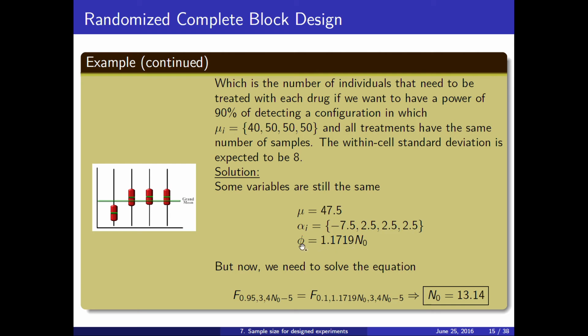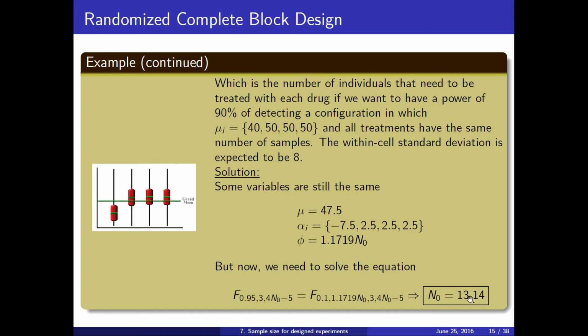The non-centrality parameter is calculated in exactly the same way, and the equation is almost the same, only that the number of degrees of freedom for the noise has changed. So before we had 4 n0 minus 4, now we have minus 5, but still n0 is almost the same.